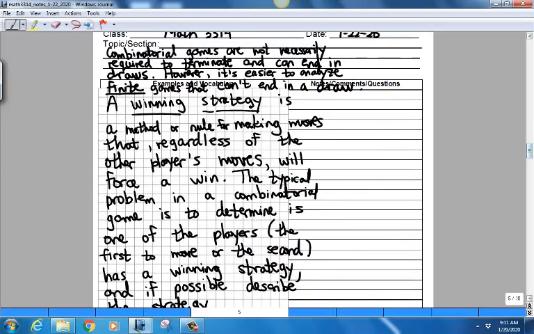Generally now, let me see what I said here. So it's only those three rules, but let me see what I wrote here. Combinatorial games are not necessarily required to terminate. So you can have possibly infinite combinatorial games that for some reason actually don't terminate, so the players can keep making moves.